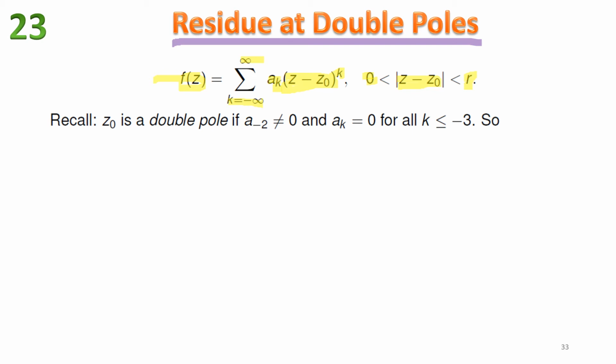We are not using equal to along with the less than. So this series converges locally uniformly in the punctured disk of radius r, which is centered around z0.